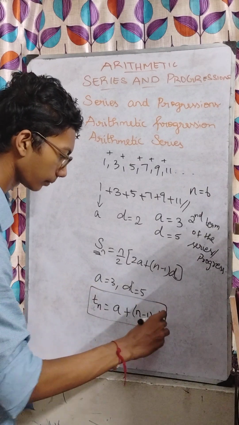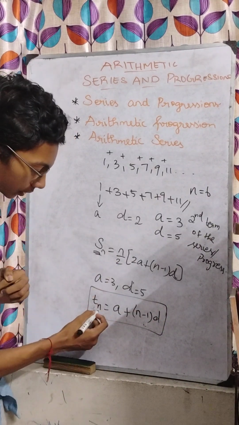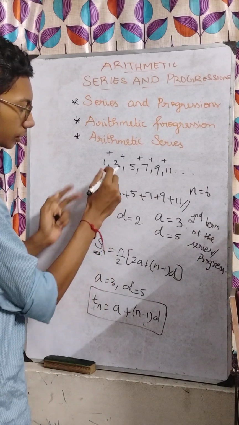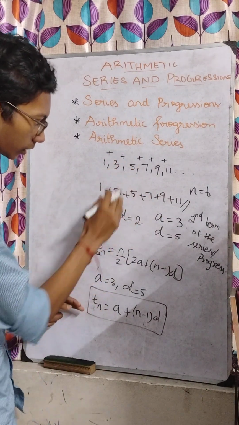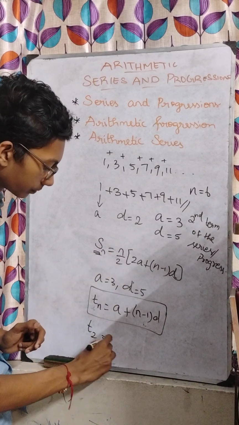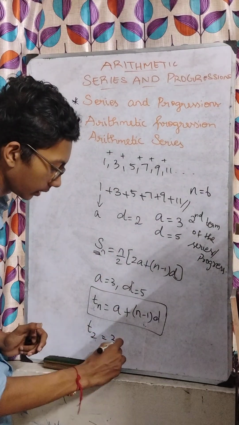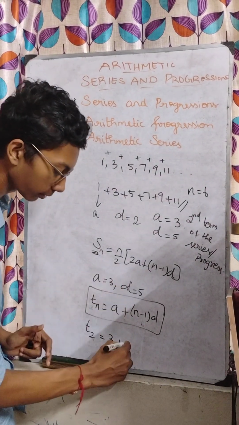This is a very important formula for arithmetic progression. This is the first term, second term, third term, and it goes on. If we want the second term, t2, a we know is 3, plus, we substitute n as 2 because we need the second term.